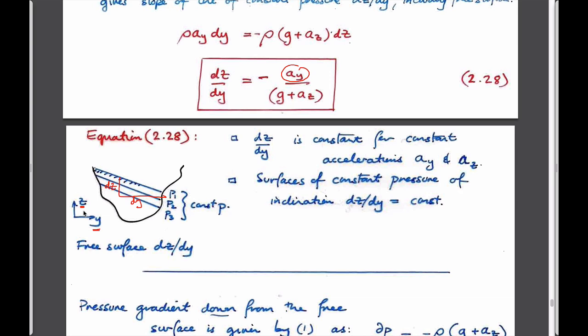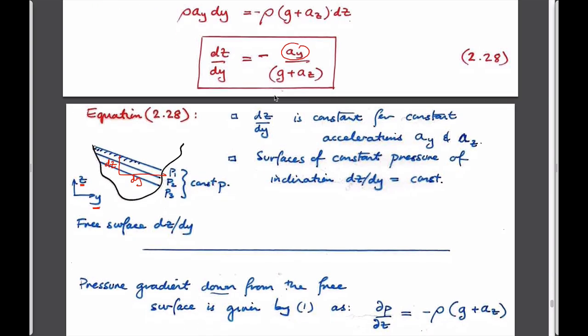And so from that, what do we know? We know that if it's not accelerating horizontally, then it's constant. It's actually, well, 0, right? If AY is 0, then the slope is 0. It's just flat. If it's accelerating horizontally, it goes with some inclination.